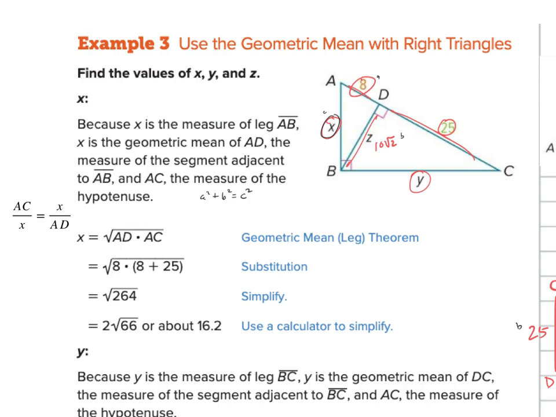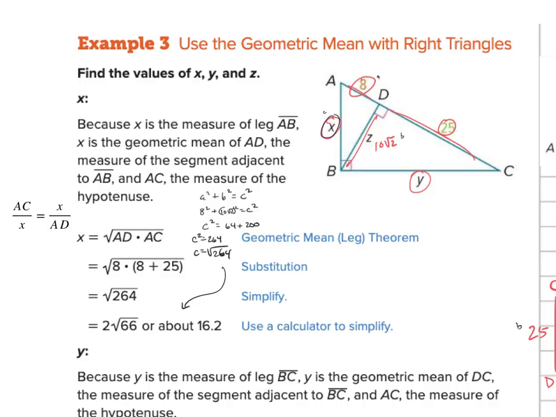So you get something along the lines of 8 squared plus 10 square root of 2 squared equals C squared. This becomes C squared is equal to 64 plus 200. C squared is equal to 264. C is equal to the square root of 264, which they turn around and tell us this.